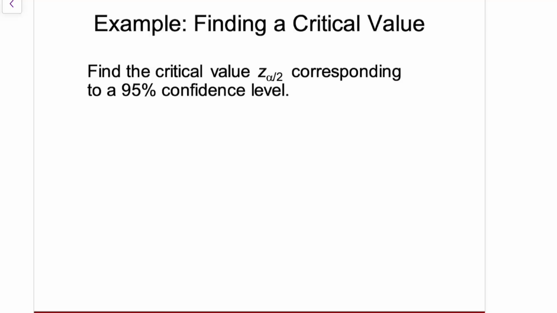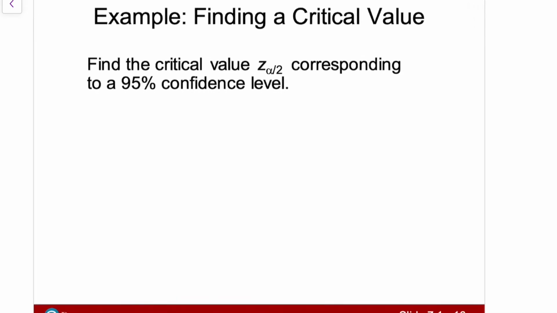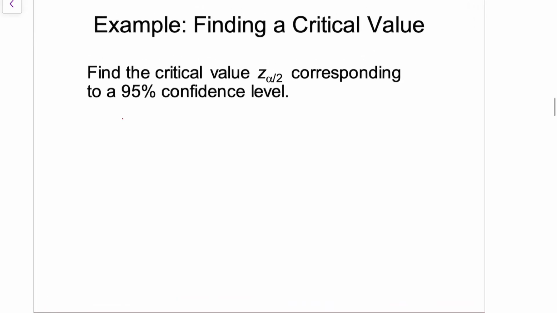So let's look to find our critical value. We want to find the critical value z sub alpha over 2 corresponding to a 95% confidence level. If we remember from our chart, a 95% confidence level gives us an alpha value of 0.05. That is our unconfidence level.